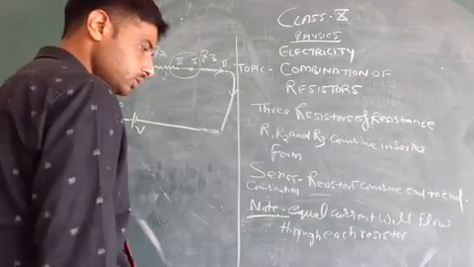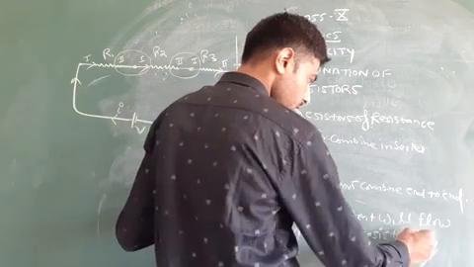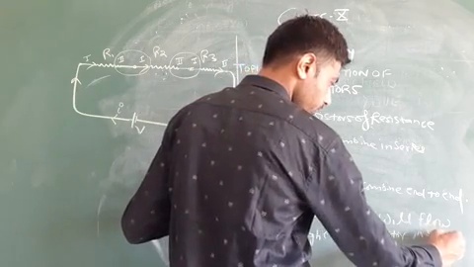Equal current will flow through each resistor in series form.